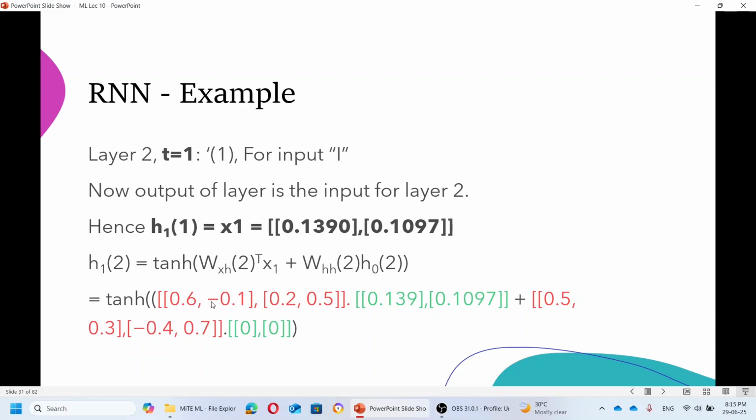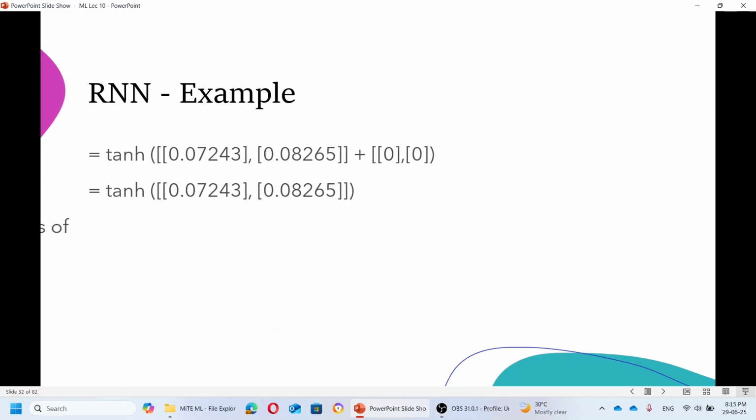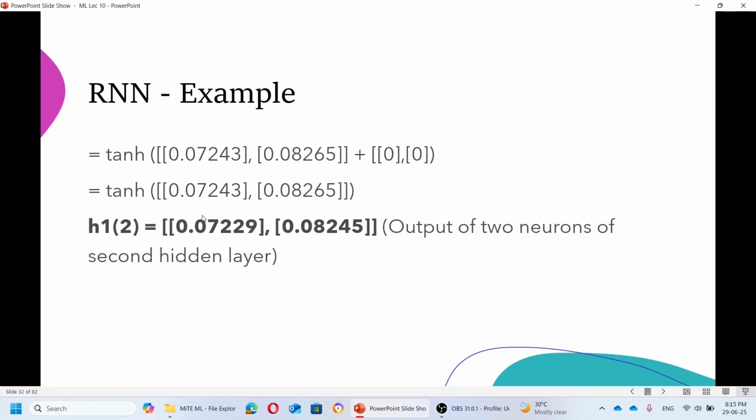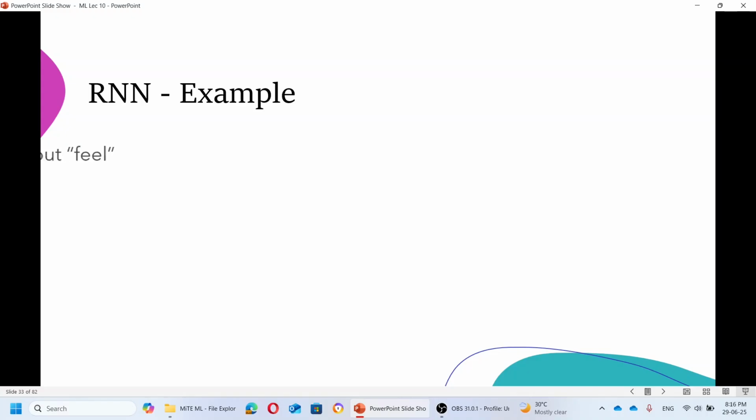The weights are the same as we have assumed before, and then we do the matrix multiplication. Again these values will become 0, because h t minus 1 is still 0 at t is equal to 1, and finally we get h12 as 0.07229 and 0.08245. So this is the output of the two neurons of the second hidden layer.